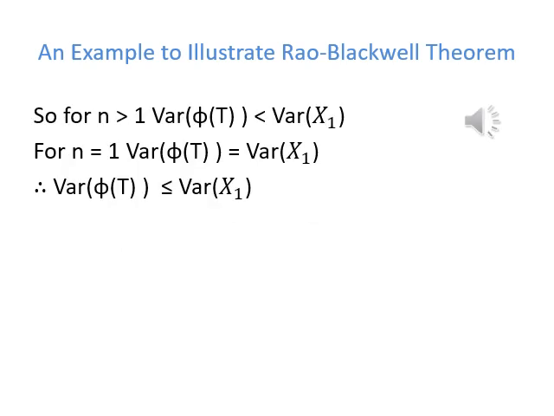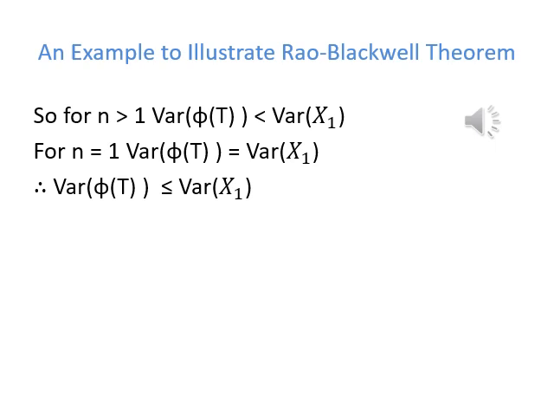Now notice that for n greater than 1, the variance of phi of t will be less than the variance of x1. Notice that from the previous slide, the variance of phi of t is equal to theta times 1 minus theta over n. So obviously theta times 1 minus theta over n is less than the variance of x1, which is theta times 1 minus theta.